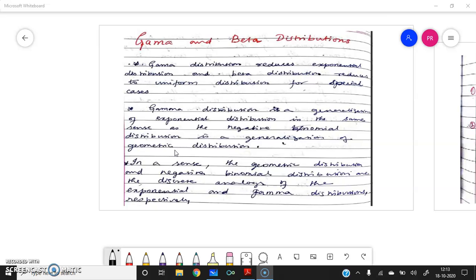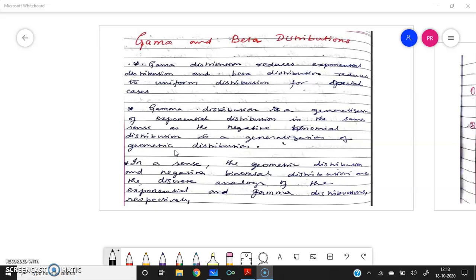Moreover, the gamma distribution is a generalization of the exponential distribution in the same sense as the negative binomial distribution is a generalization of the geometric distribution. So from the geometric distribution, you can go to the negative binomial distribution. In the same way, the exponential distribution is a particular case of the gamma distribution.